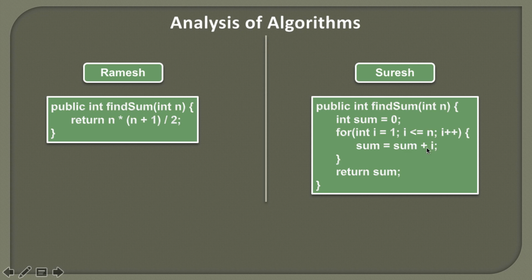So 0 plus 1 becomes 1, and 1 is assigned to sum. After this line, we increment i by 1. So i becomes 2. We check whether 2 is less than 5 or not. So 2 is less than 5. The value of sum is 1, so we do 1 plus 2. We get 3. We assign 3 to the sum now.